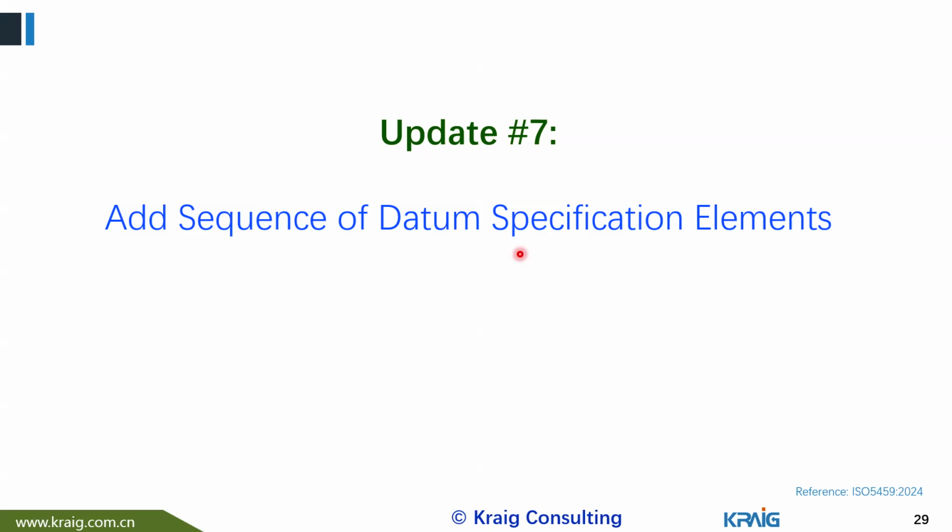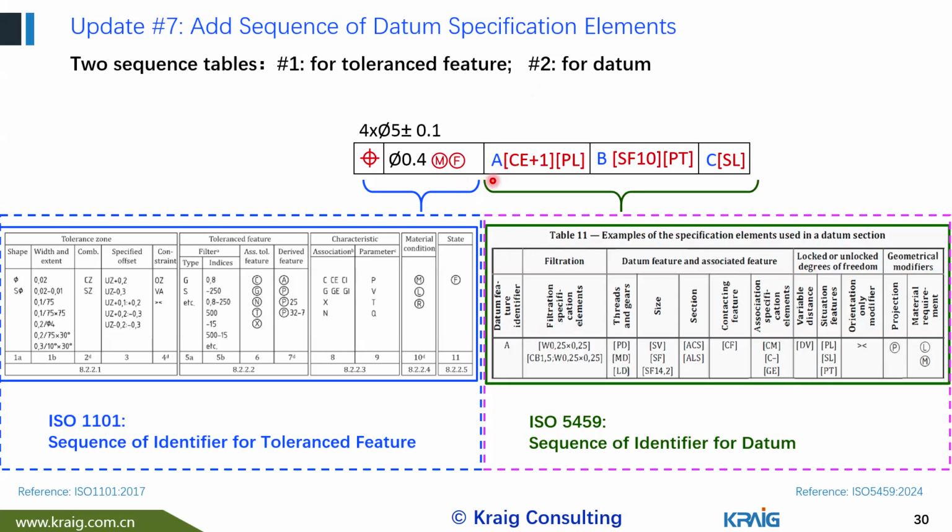Since we have so many different symbols used in the datum specifications, obviously we need to specify which symbol should be used first and which symbol should be used secondary. Look at here. So here is the datum A and datum B and datum C, and you may see there's so many mysterious abbreviations here, right?